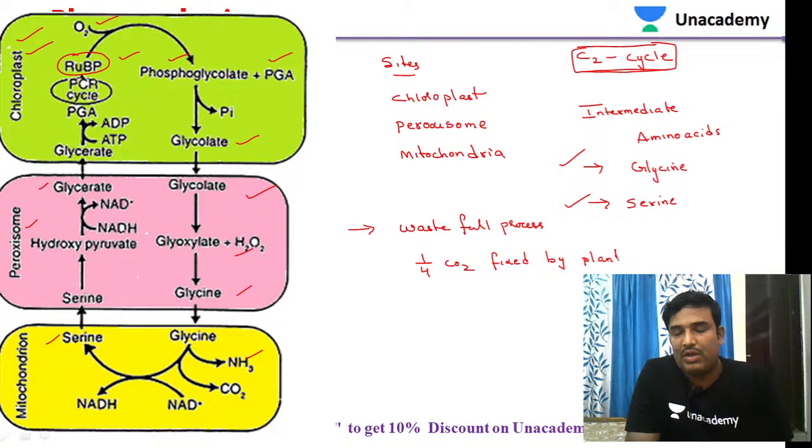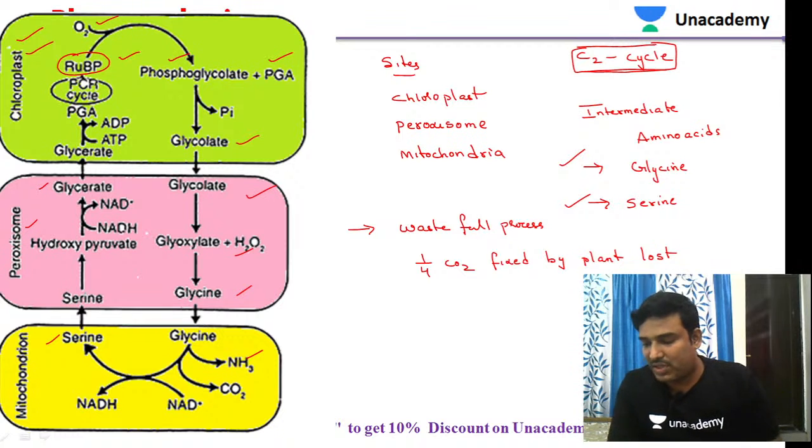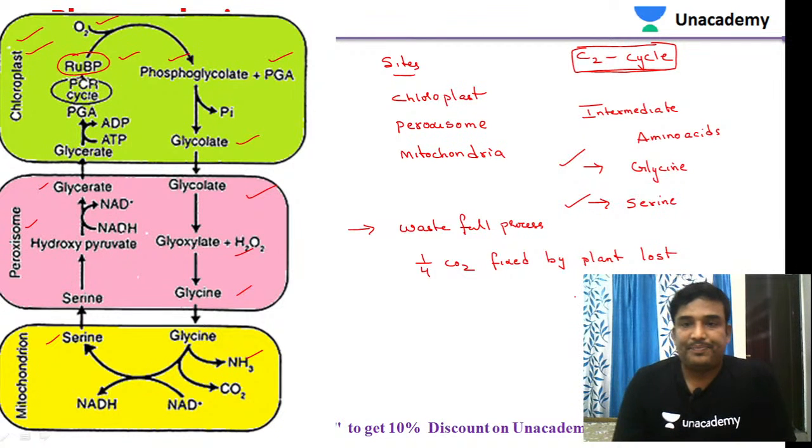That is one of the important points on why photorespiration is considered wasteful. 1/4 of the carbon dioxide fixed by the plant is lost in the form of carbon dioxide during the process of photorespiration.